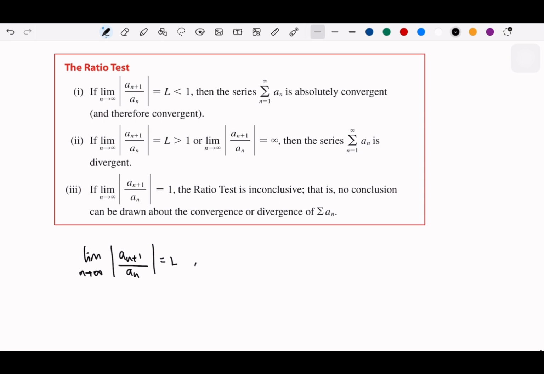And we choose a number R from the ratio such that L is less than R is less than 1.